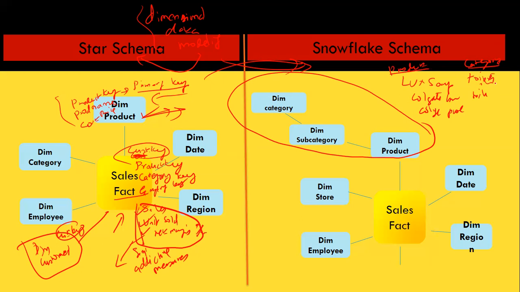For each and every toiletry product, if you put the category column in the product table itself, you need to specify the category name here. Toiletry items, toiletry items. This is redundant, isn't it? Instead of storing it redundantly here, you store the toiletry item only one time.